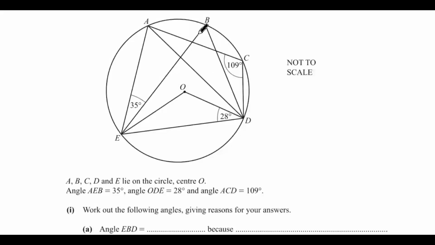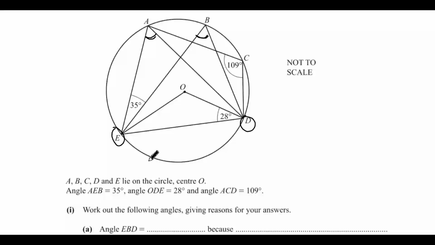So this angle, it is obvious that it is an angle at the circumference. If you look at it, it comes from this arc. Another angle that comes from this arc will be this. So these two angles are equal.